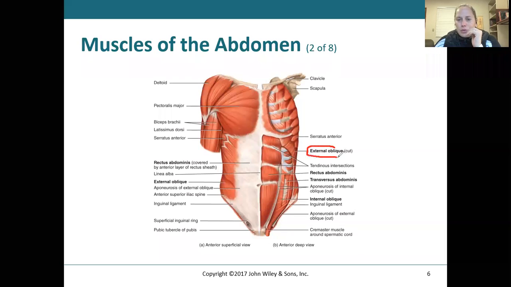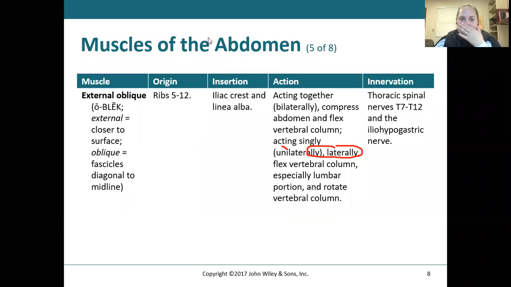So here's your external obliques, and here you can see that they're in cross-section and they're actually cut. Okay, and so your external obliques, the origins are going to be ribs 5 through 7. Their insertion is going to be the iliac crest and the linea alba. So again, think down near your hips.